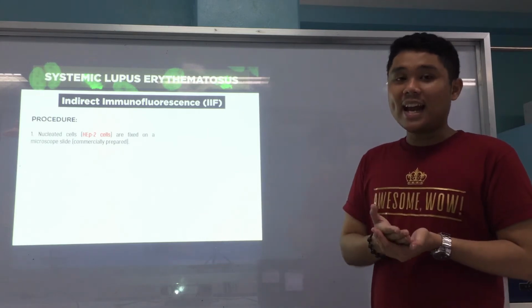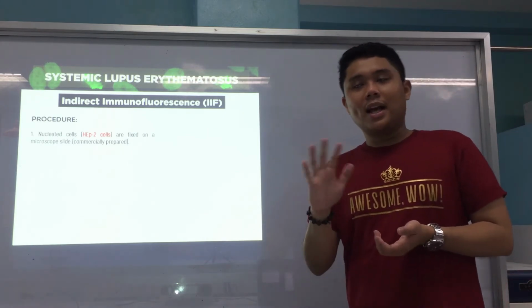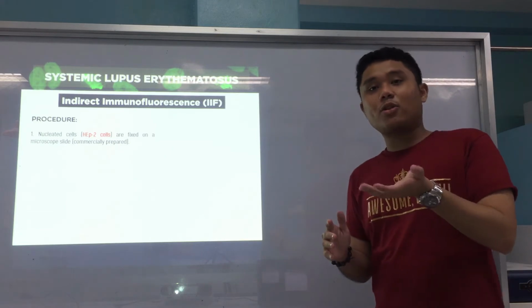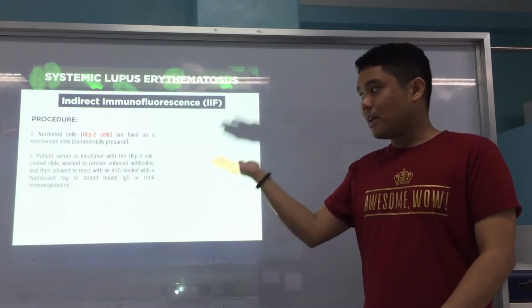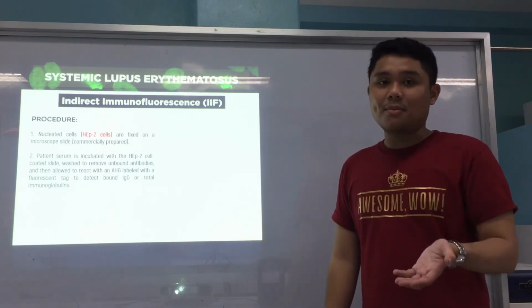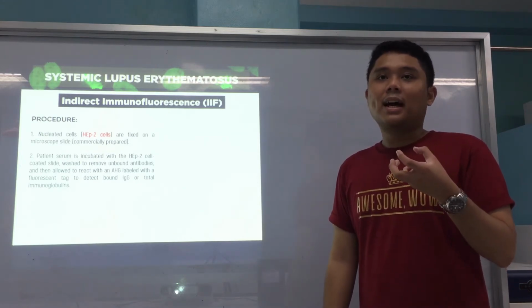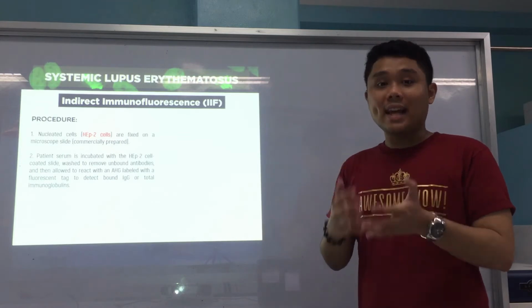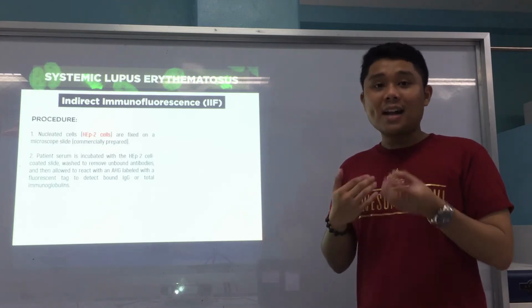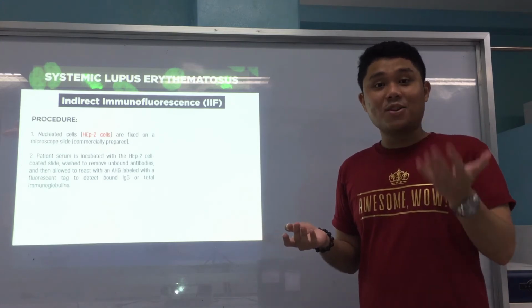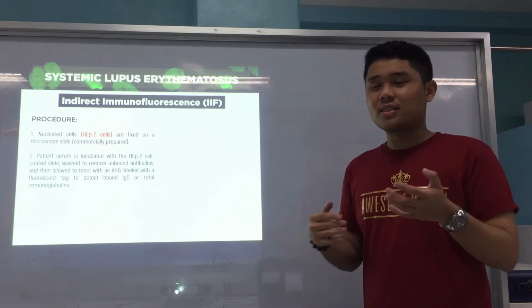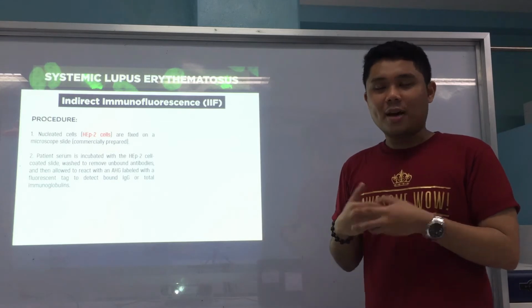Again, recalling the method of indirect immunofluorescence, you first have a solid phase antigen. Then you let it react with the patient serum, because in this case we expect the patient serum to contain autoantibodies, anti-nuclear antibodies, against the nuclei of your cells. That's why we use nucleated cells, your HEp-2 cells.